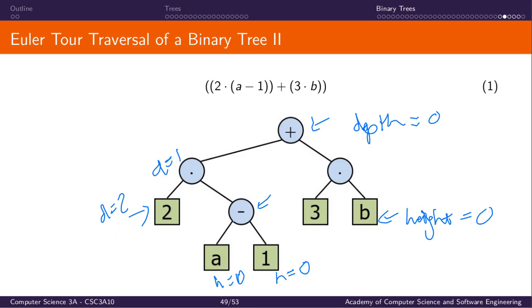Then what's the max of 0 and 0? 0. And so the height of this one simply becomes 1 plus that 0. There we go. I think what you were talking about was when I asked for the maximum height of any of its children. It didn't have any children, so it satisfies our base case, which we agreed is 0 for the height.